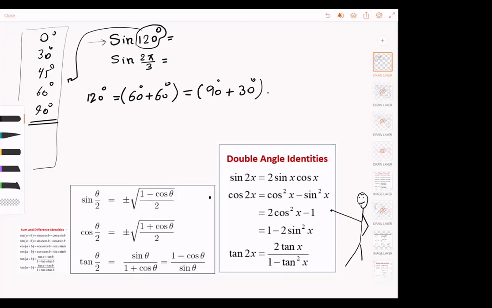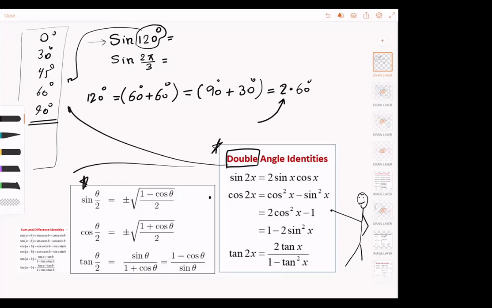Or we can say 2 times 60 also is 120. So this 2 means you are doubling one of those angles. We call it double angle identities. This guy is coming from here.